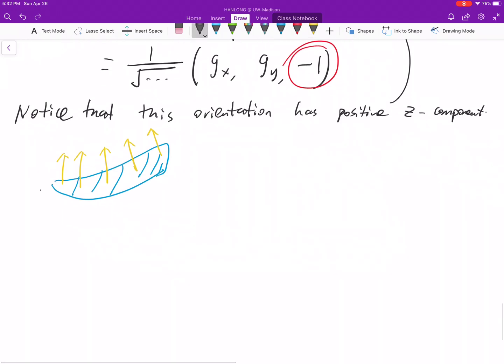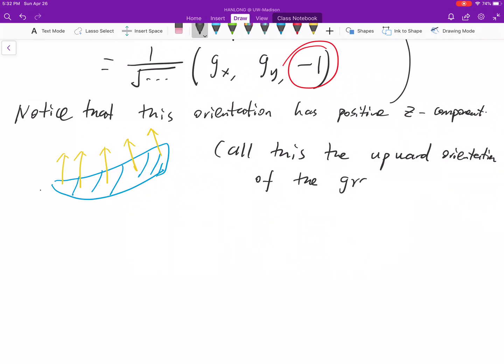Therefore, we call this the upward orientation of the graph. For a graph, you can always do that, but in general, you cannot do that because you cannot make sure the last component is always positive or negative.